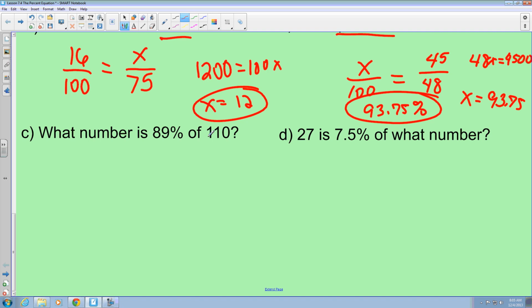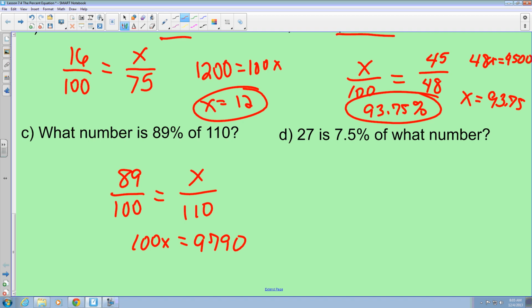C is: what number is 89% of 110? Same premise as example A. We're looking for the part, and it's written as 89 over 100 equals x over 110. Same thing, cross multiply, so I get 100x equals 9,790, because that's 89 multiplied by 110. Dividing both sides by 100, I get x to be 97.9.